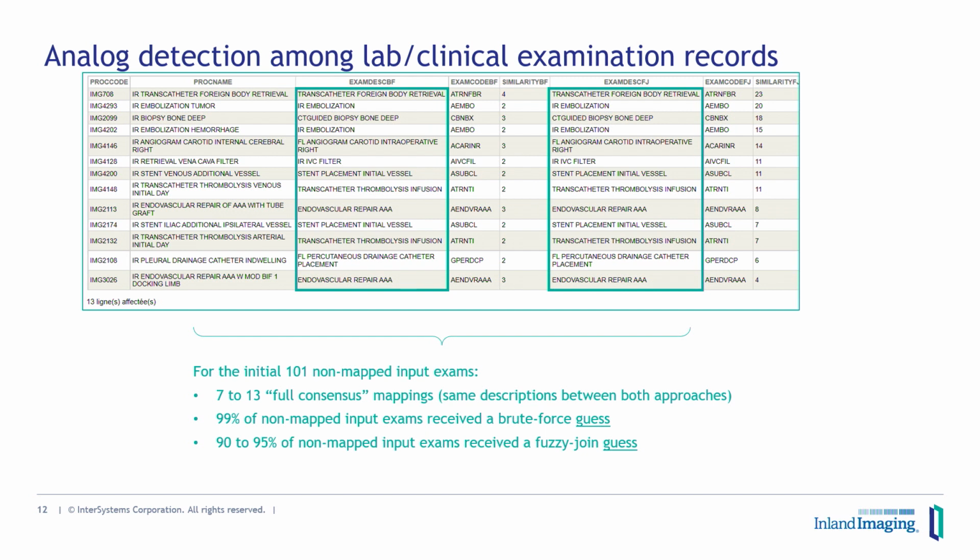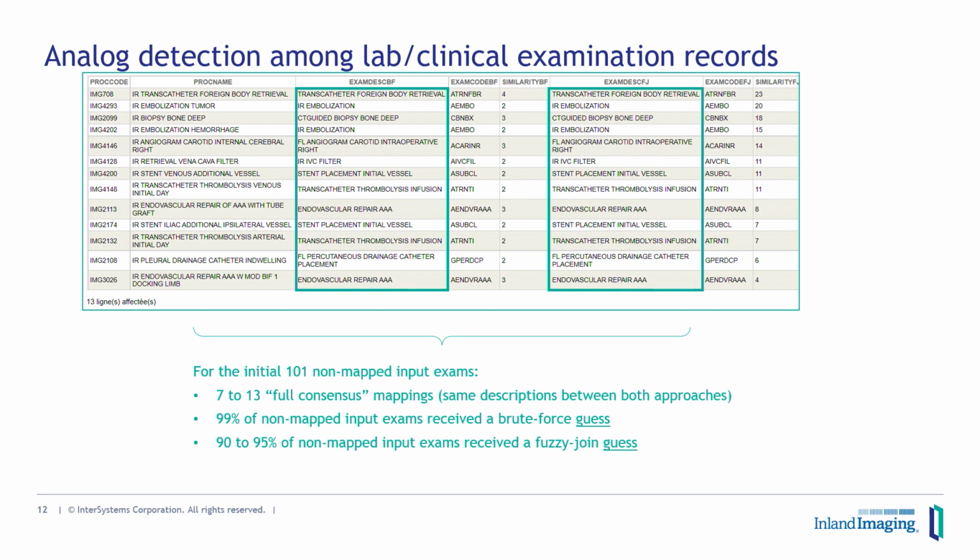That means that both methods, brute force and fuzzy join, suggested the same guess for the term that is being tested. And that's quite a huge percentage. I would say that doesn't mean that all the others were completely wrong. That just means the perfect matches represented up to 10% of the batch.